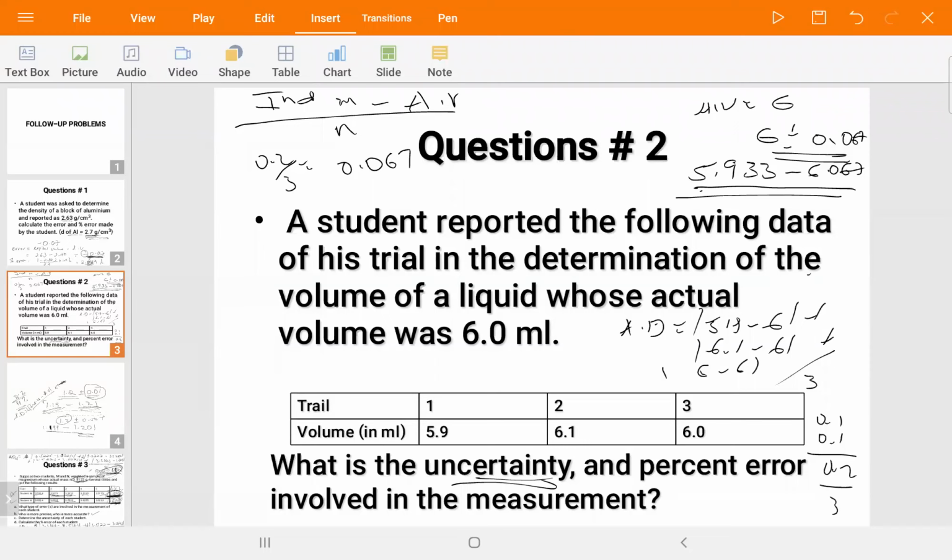But remember, it is the average. So this refers to uncertainty.